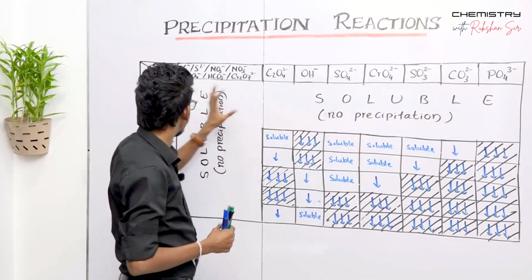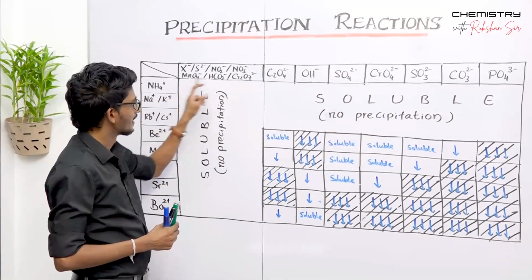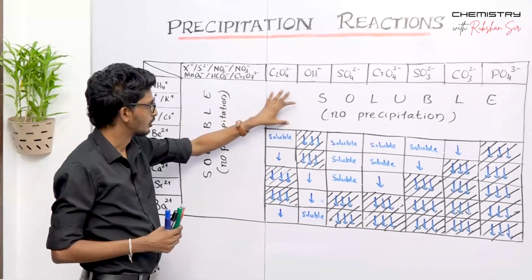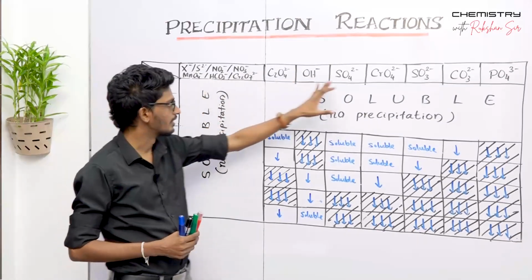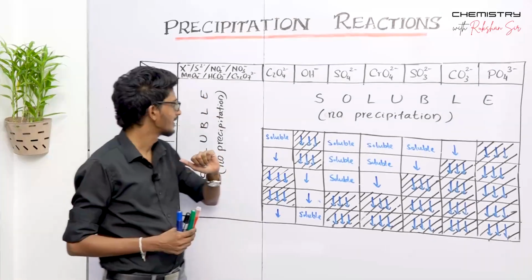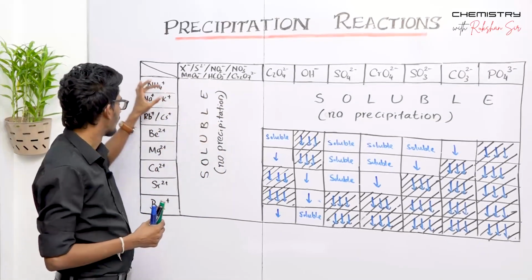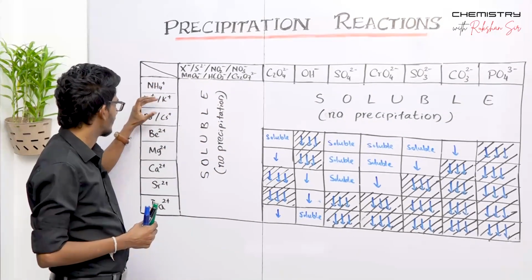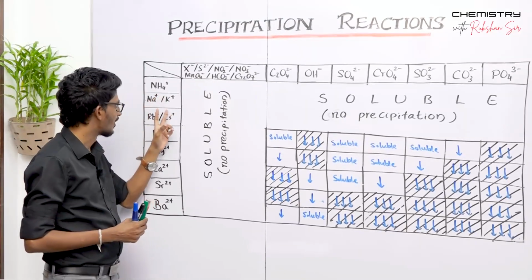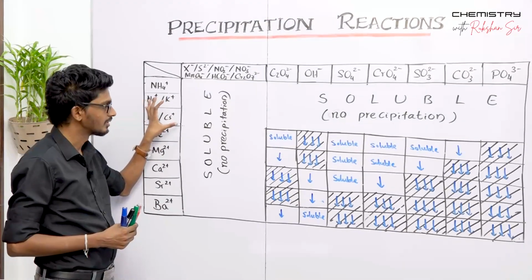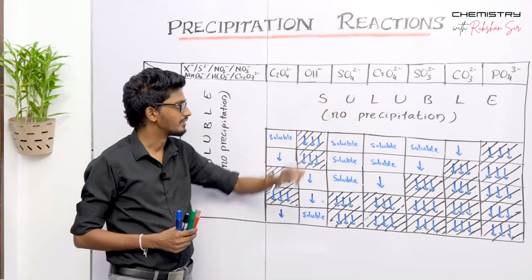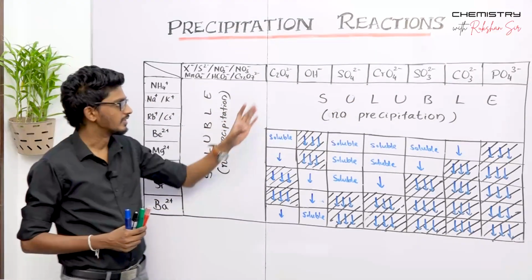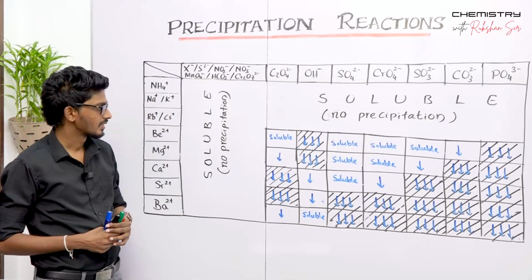Ammonium oxalate is soluble. Ammonium hydroxide is soluble. Ammonium sulfate is soluble. Like that, all the salts of ammonium ion and all the salts with these group 1 cations other than lithium are going to be soluble salts. You clearly see that trend with the precipitation table.